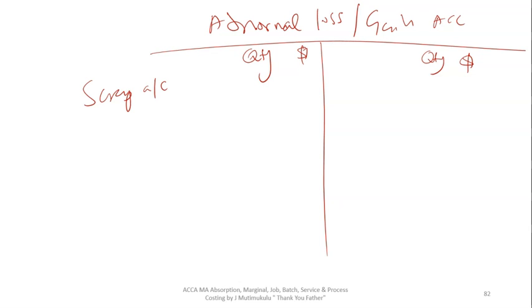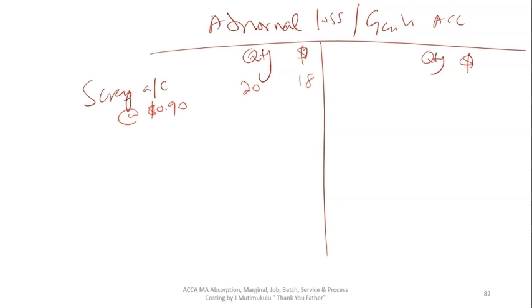But let's deal with the scrap account first. The scrap account, like I said, is valued at 90 cents because the scrap is valued at that amount, and 20 units have been extra units, so they are still valued at 90 cents, so that's $18.